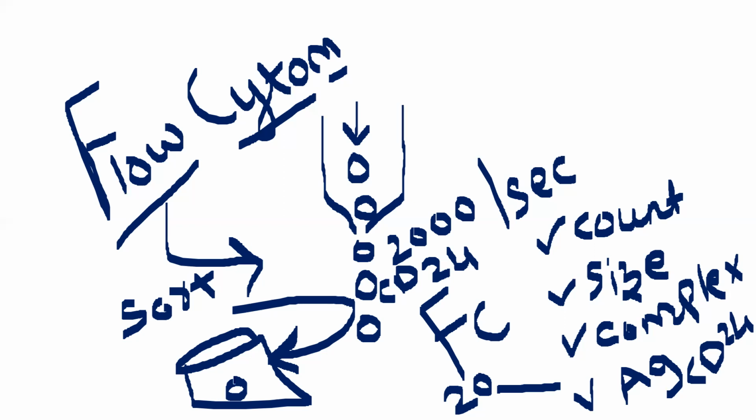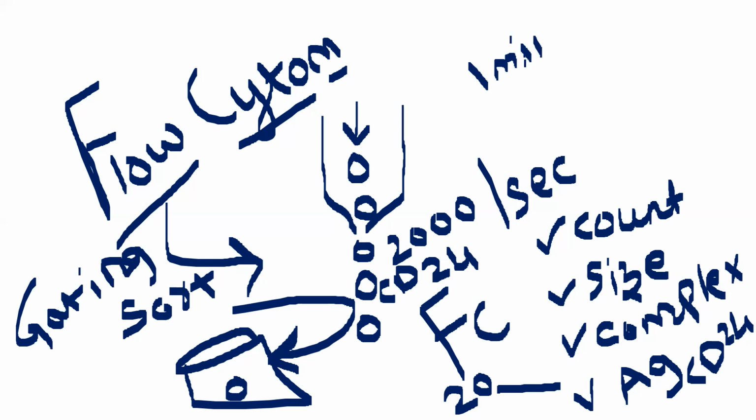And there is also some software work that can be done with this flow cytometer, that is called gating. That concept is called gating of cells. What does gating mean? Just by running the flow cytometer for 1 minute, how much data can we generate?